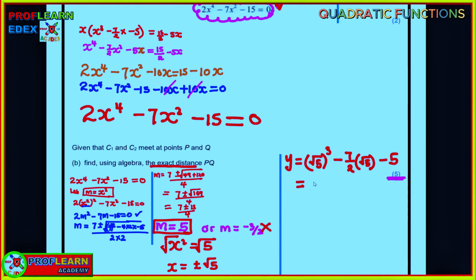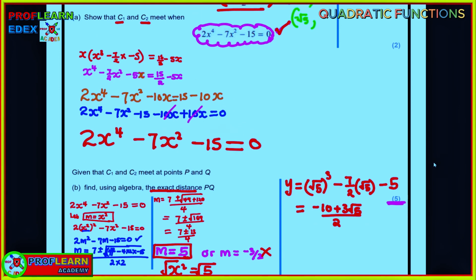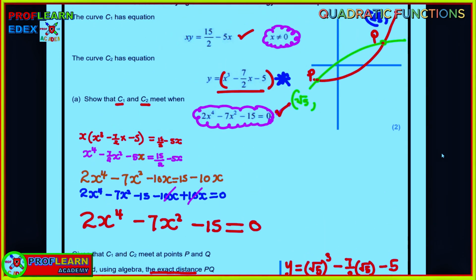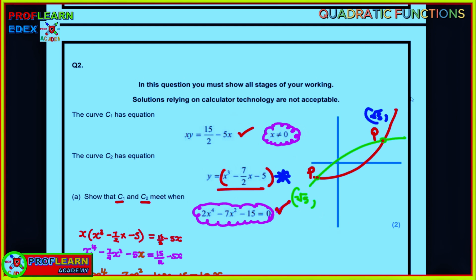So we are going to give our answers in exact form. So when x is positive root 5, the y coordinate is minus 10 plus 3 root 5 over 2.